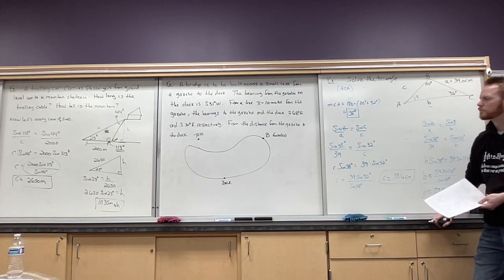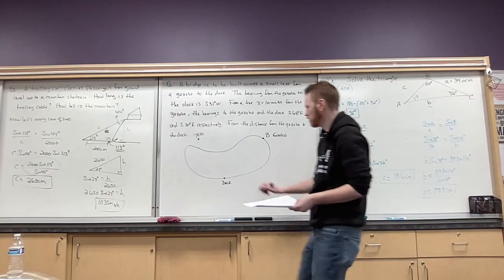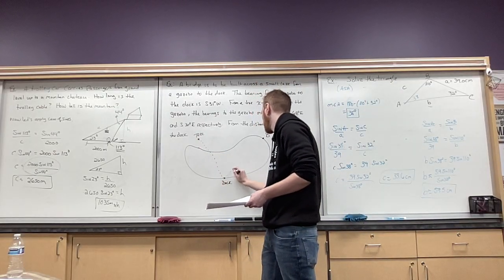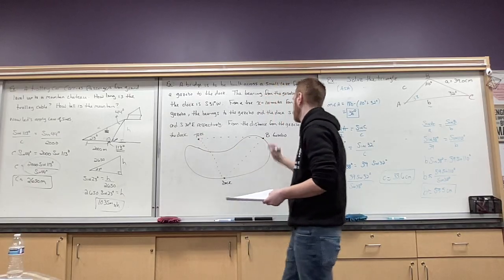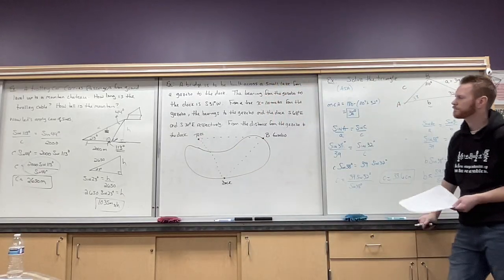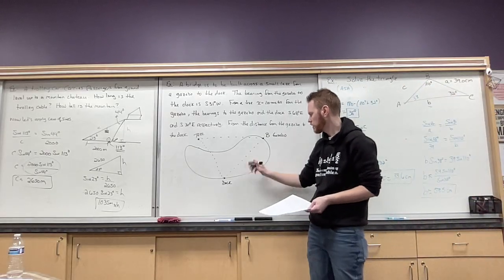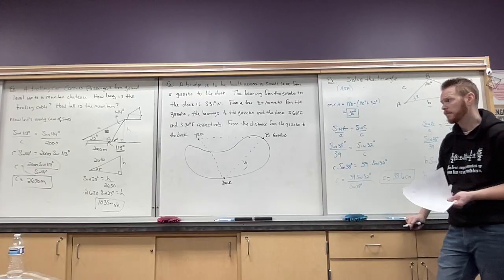Now we're going to connect those 3 points to make my triangle. Now you want to build a bridge from the gazebo to the dock. So this is the unknown I want to figure out. So I'm going to put Y there. You can put any variable you want.